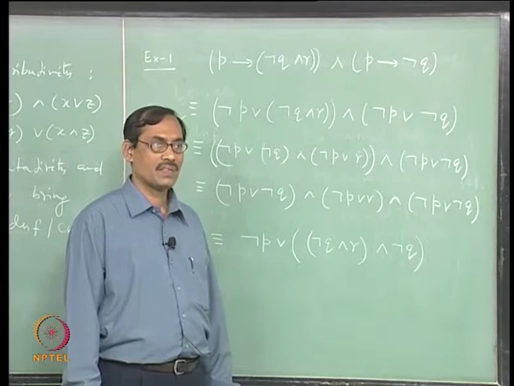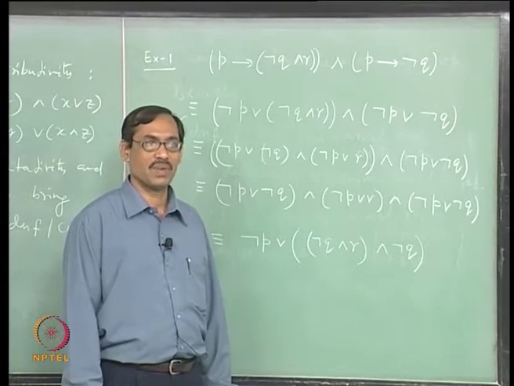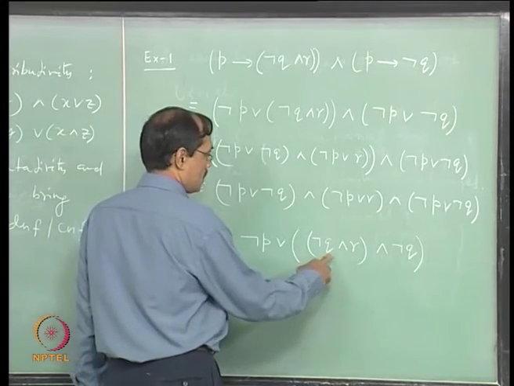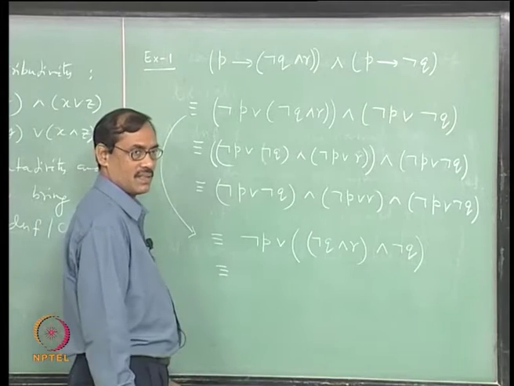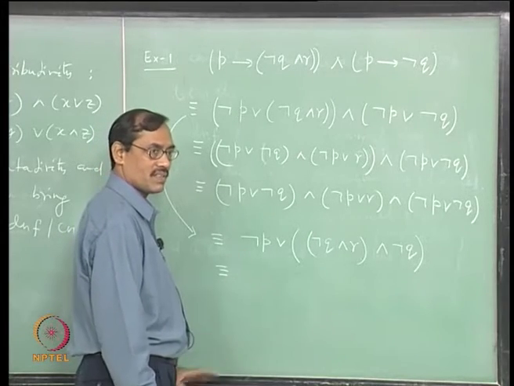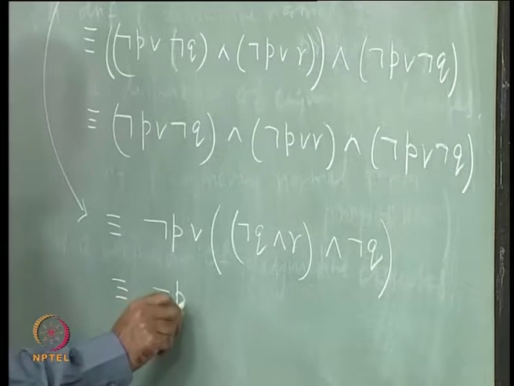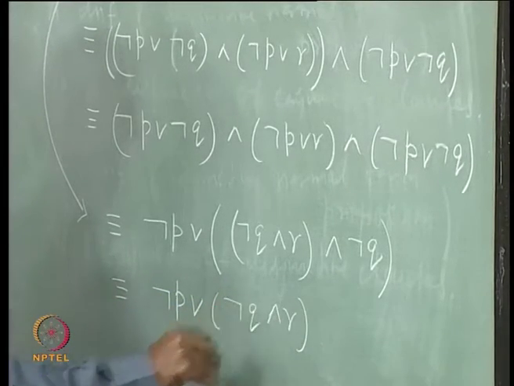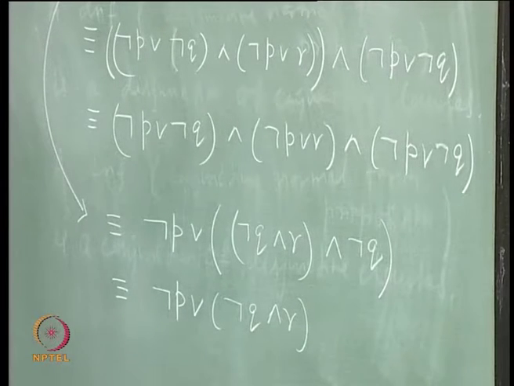Okay. So, now you can modify even the algorithm if you want to use them. Now, what does it say? This becomes not q and r, that is all, because not q and not q is equivalent to not q. So, this gives not p or not q and r, this is a simplified version.